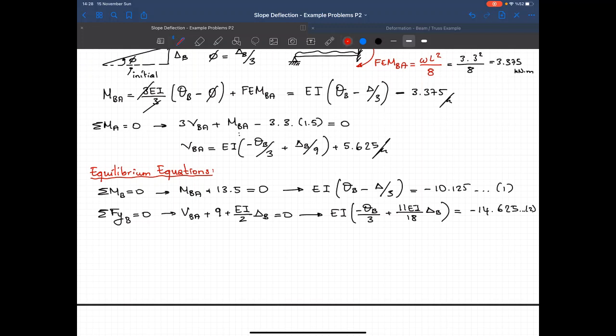Now we have two equations, two unknowns, and I'm writing the system of equations in matrix form.